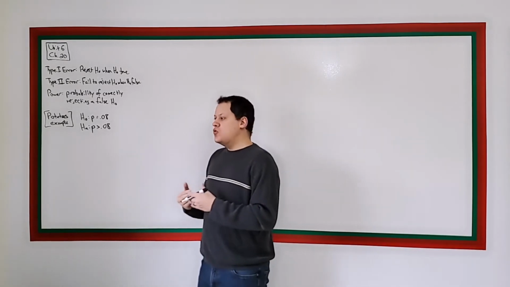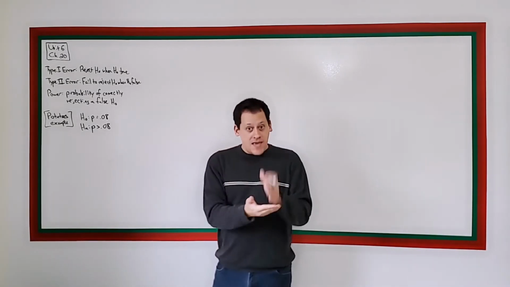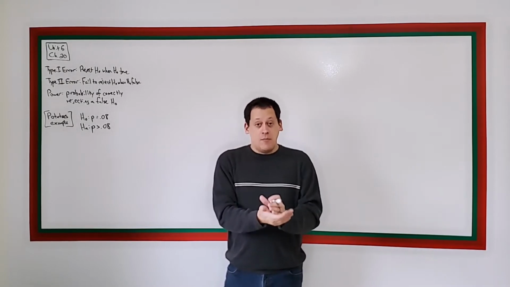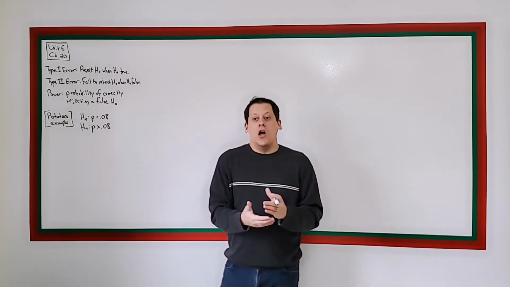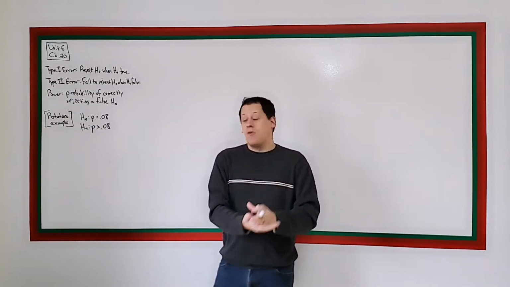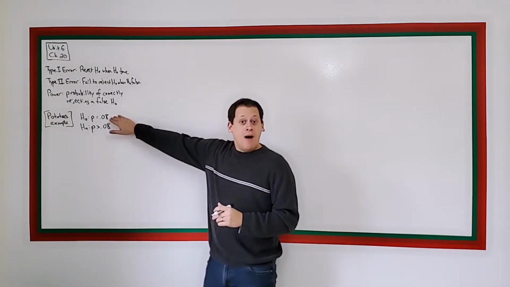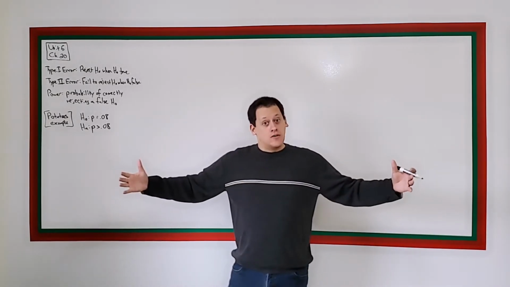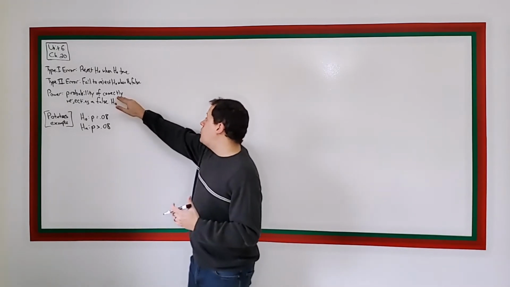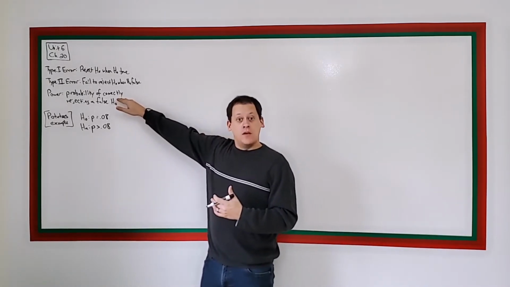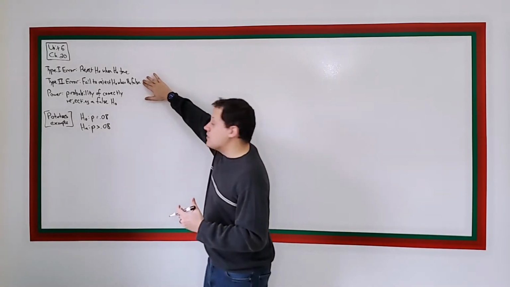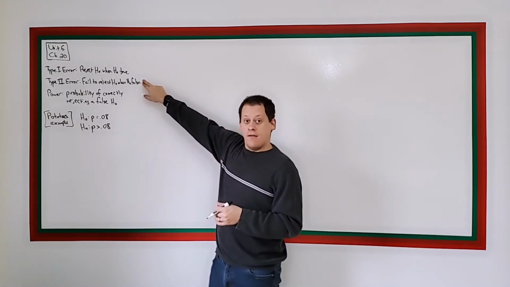So, if the true difference between p, the population parameter that we don't really know, if the distance between that parameter and the value from the hypothesis are really far apart, that is going to increase our power. It's going to decrease the probability of type 2 error.